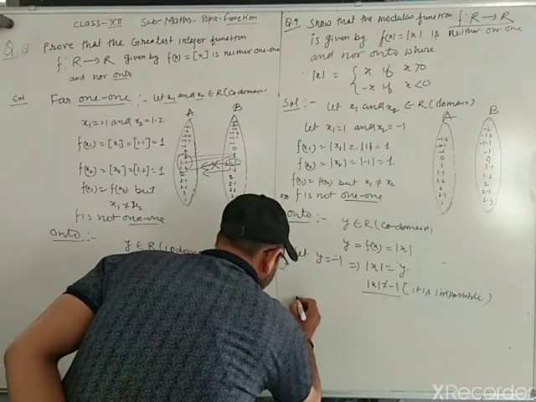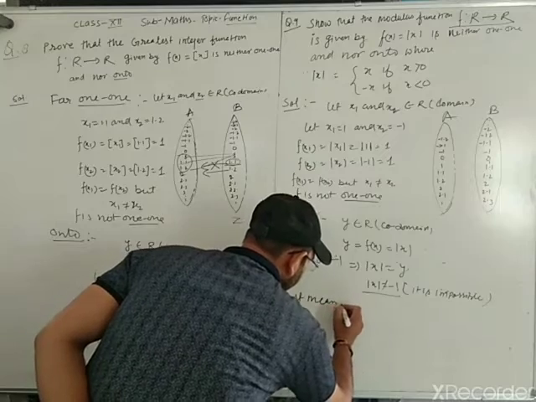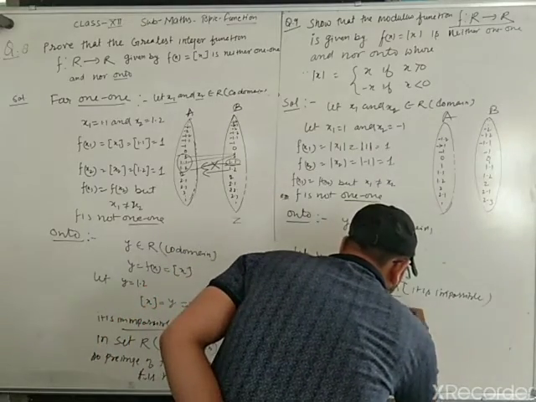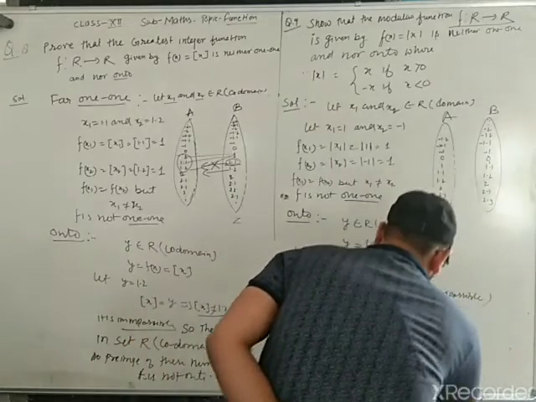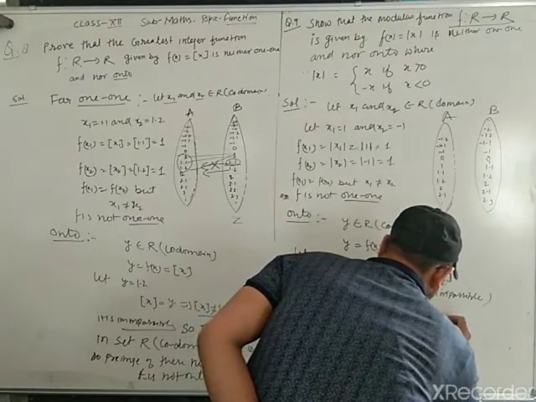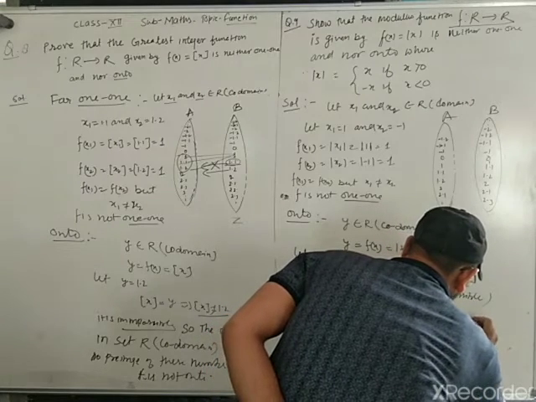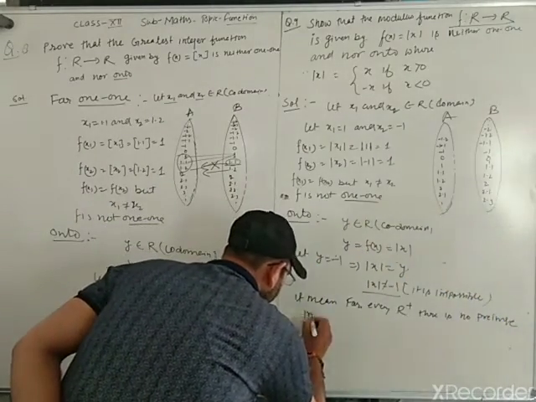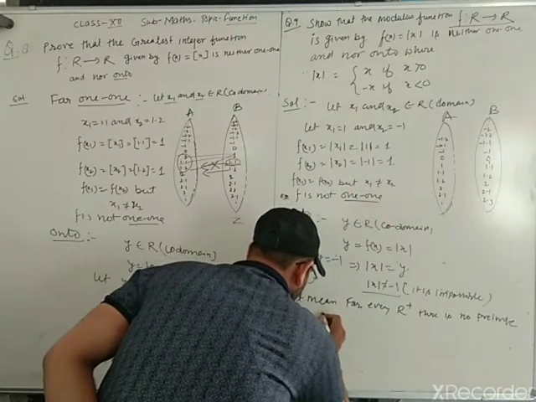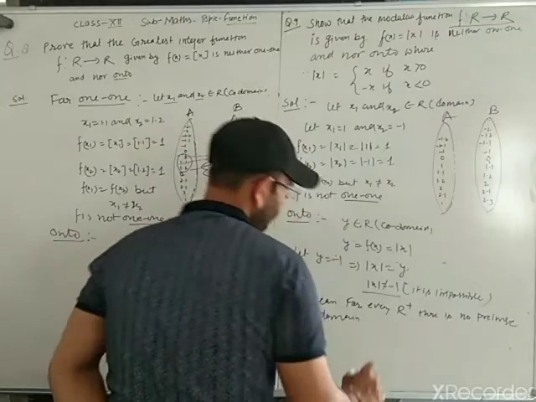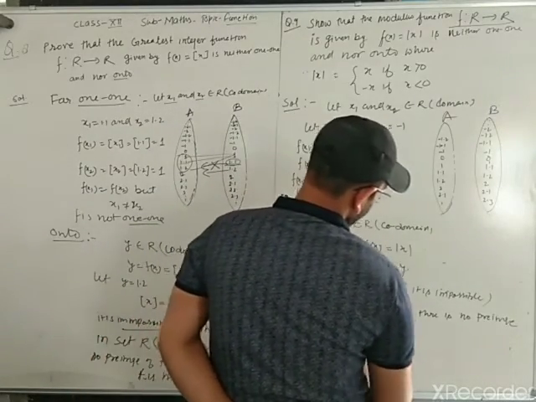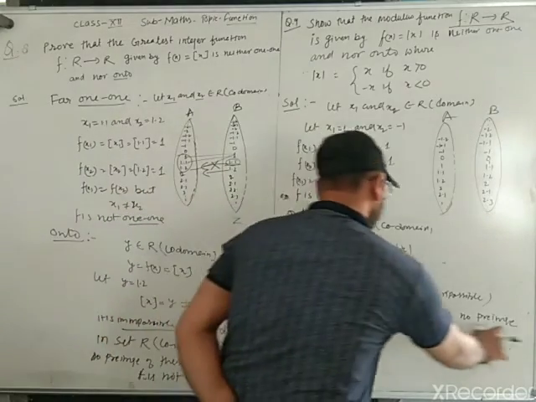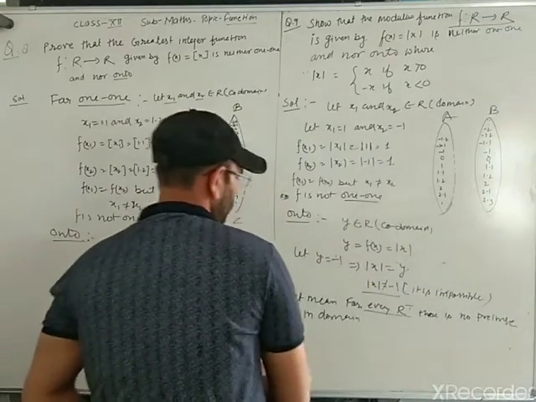We can conclude that for every negative real number, there is no pre-image in the domain.